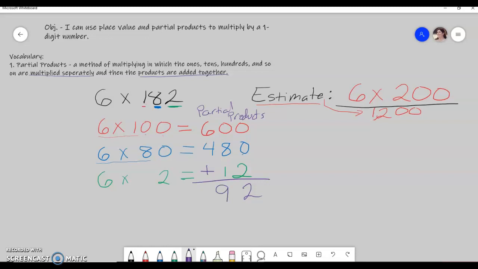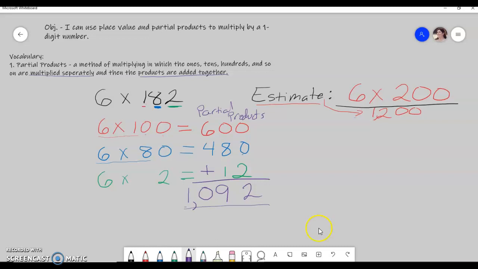And 6 plus 4 is 10. That actually changes it into 1,000. So our final answer is 1,092. And if we look at our estimate, it's reasonable because, remember, an estimate just wants to get us close to the answer, not the exact answer. So that is how you can use partial products.